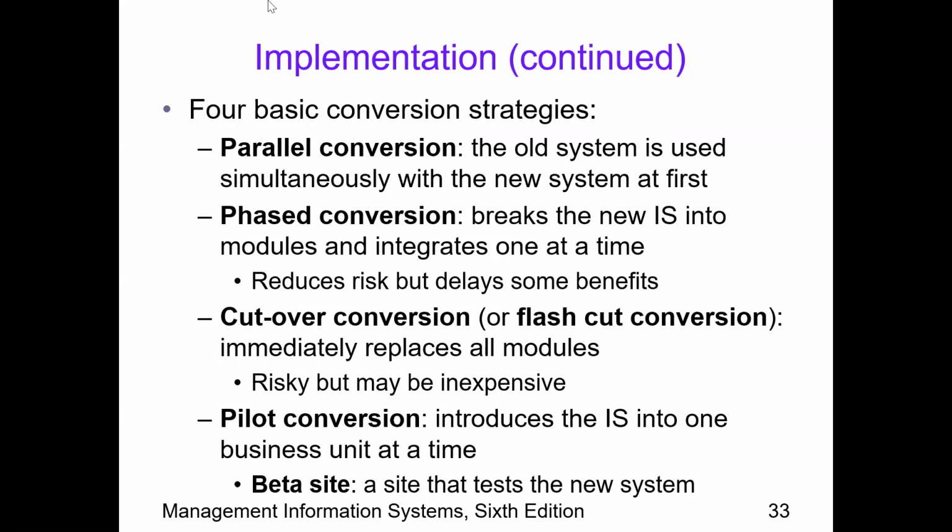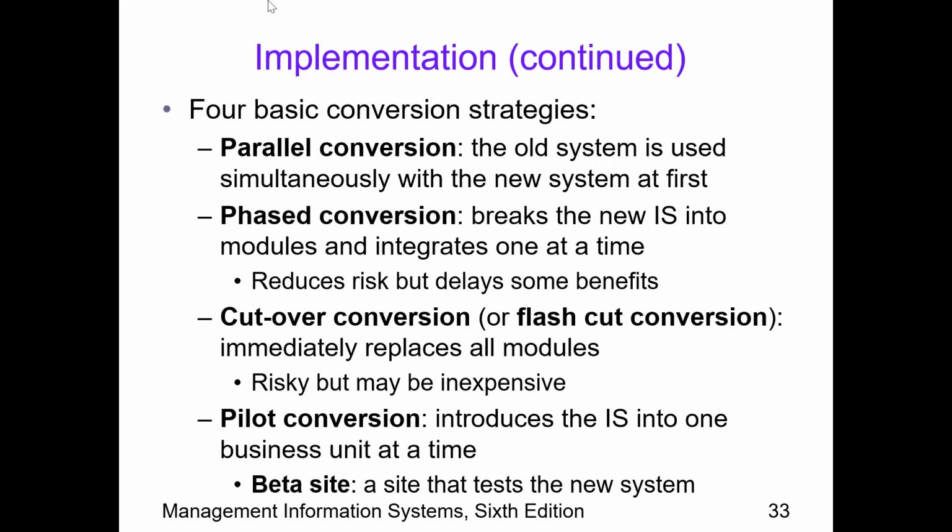This one is risky, but it's less expensive than the parallel one. Relative to parallel, it is cheaper, but more risky too.